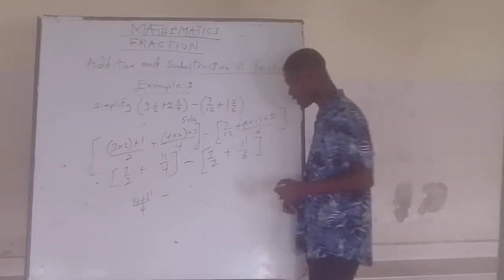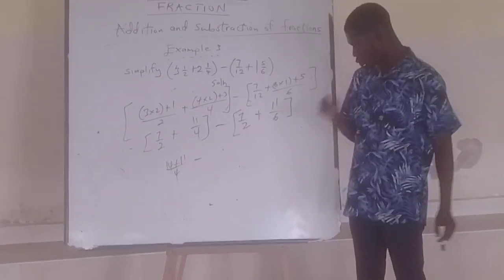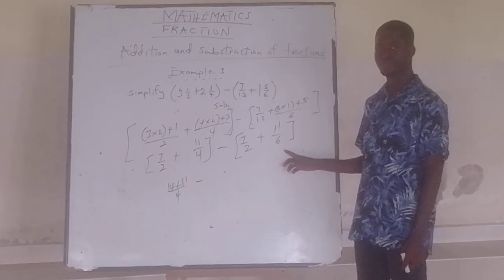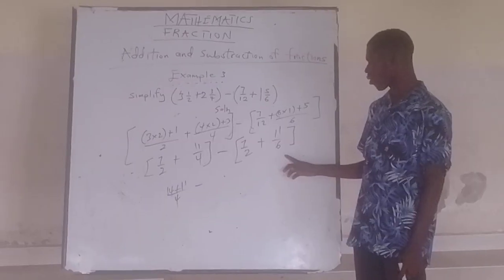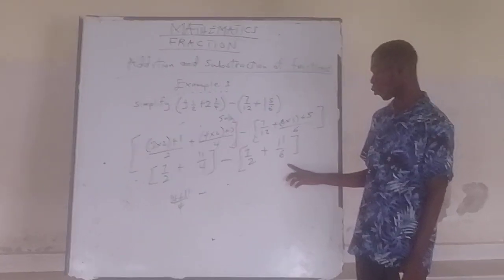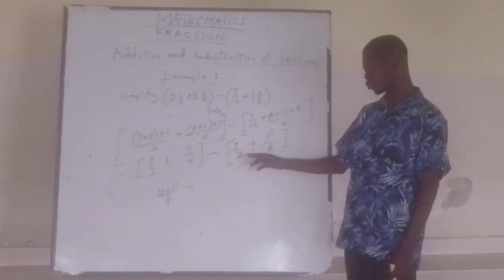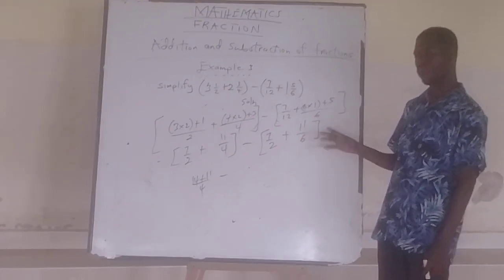the LCM for 2 and 6. What is it? Is it 12? The multiples of 6 are 6, 12, 18, and of 2 are 2, 4, 6.